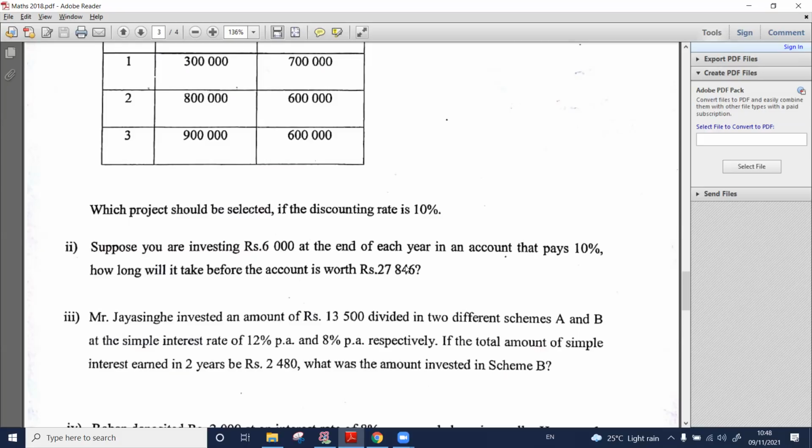27,846. How long will it take before the account is worth this much? Is it a present value or a future value? That is the future value of an annuity.